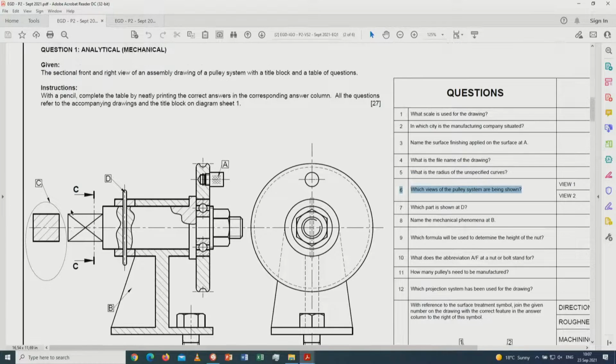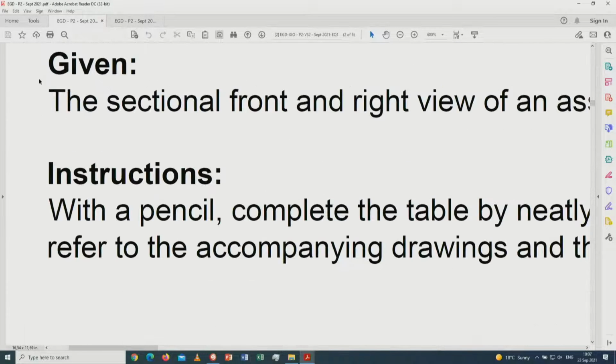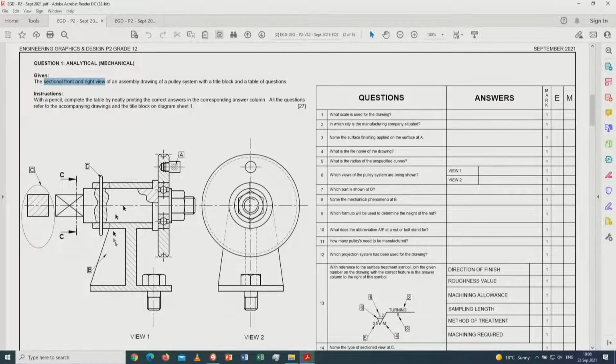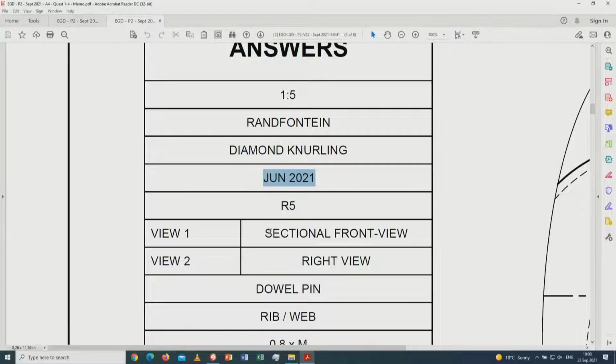All right, but if the question points out a sectional front view, it says there, sectional front view and a right view is shown by this view over here. Now, of course, the sectional front view should be here and the right view should be placed third angle on the right hand side. So view 1 should be a sectional front view, and it's important to put in sectional.